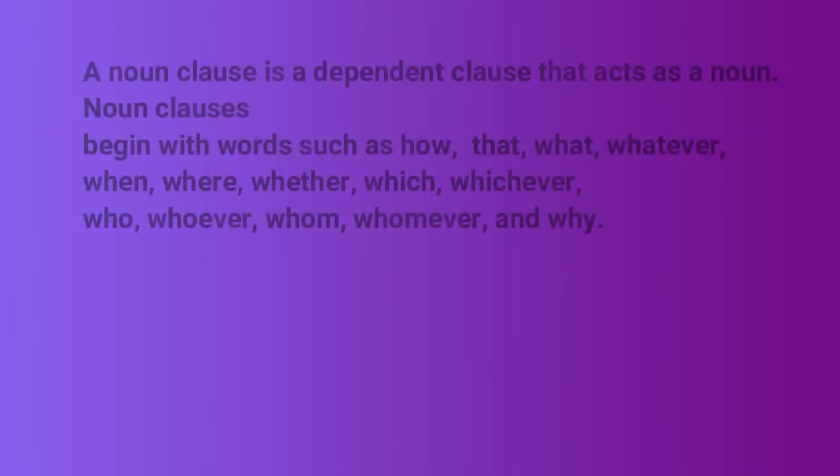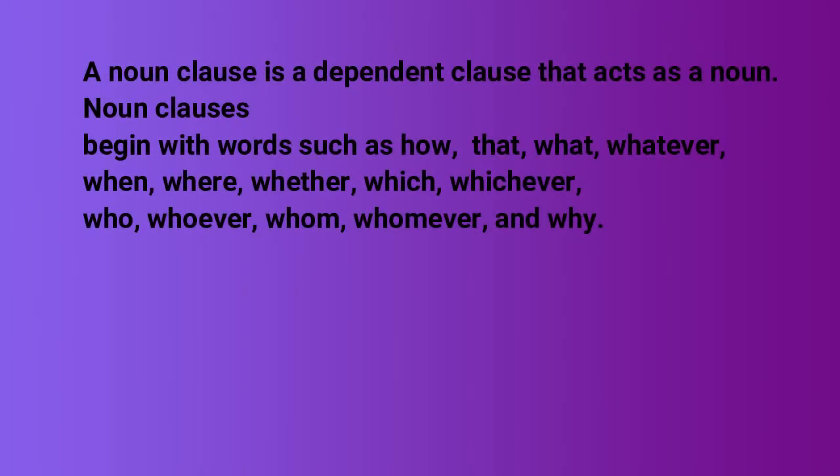Let's know what a noun clause is. A noun clause is a dependent clause that acts as a noun, and it always begins with words like that, what, whatever, when, where, whether, which, whichever, who, whoever, whom, whomever, and why.